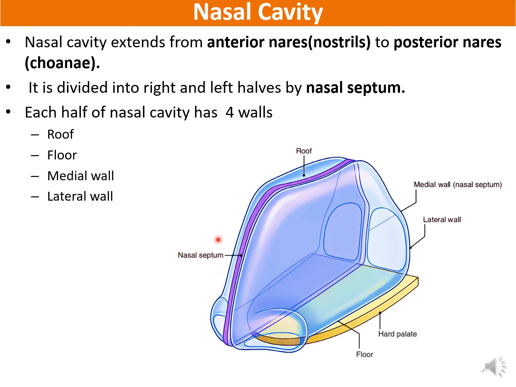Now this nasal cavity is divided into right and left halves by the presence of osteocartilaginous nasal septum. Each half of the nasal cavity has got four walls, and these are the roof, the floor, the medial wall, which is nothing but the nasal septum, and the lateral wall.